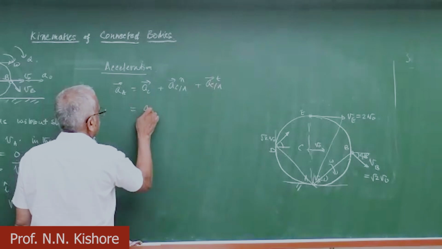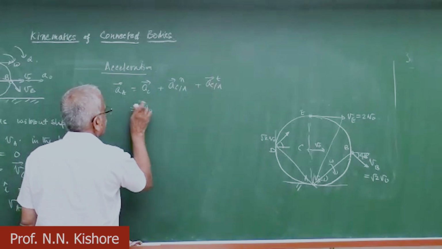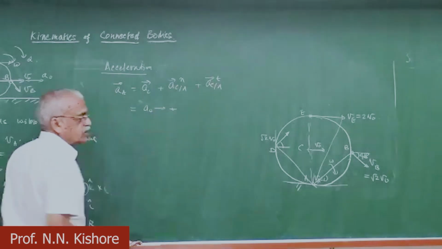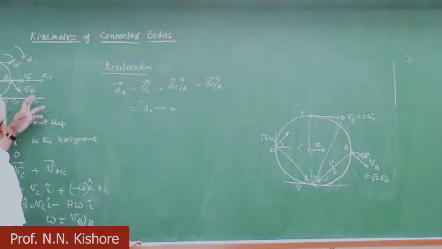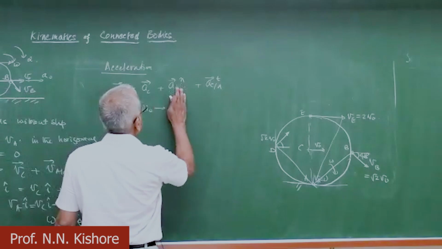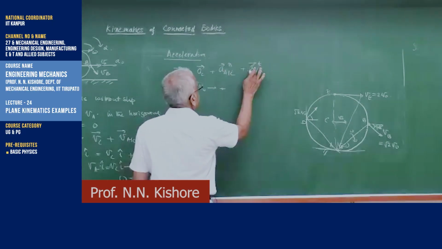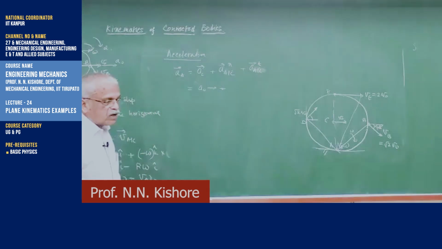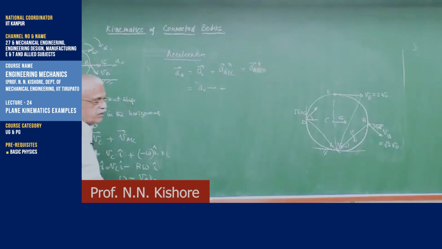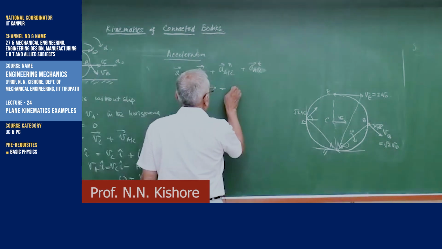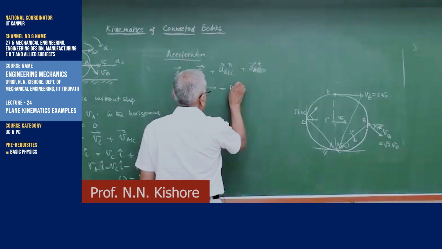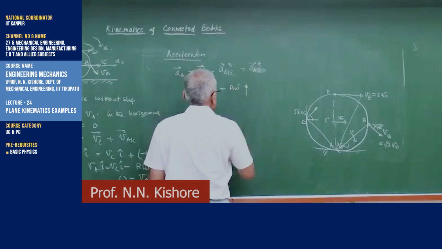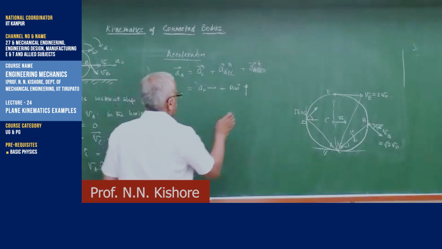Here this is given as a naught. Now that you are quite conversant, A with C, the normal component: A is rotating about C with an angular velocity omega, so it is R omega square, and it is directed from A to C.